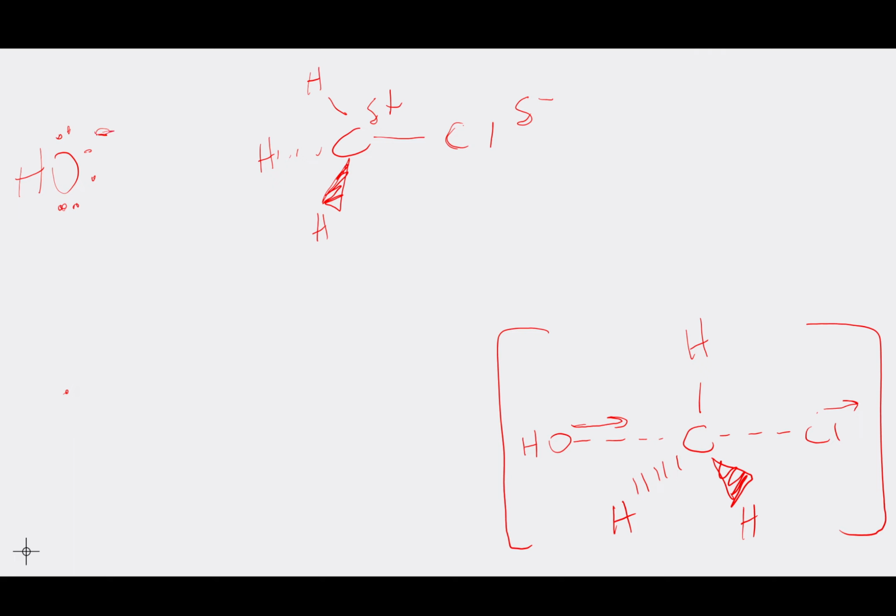So that slightly positive charge is what a nucleophile loves. A nucleophile loves the positive charge, and it's going to donate two of its electrons to carbon, right? And it will do this in a transition state. So while the hydroxide is coming in, the chlorine is moving out. So that's where we get something called a leaving group, right? So it's a leaving group.